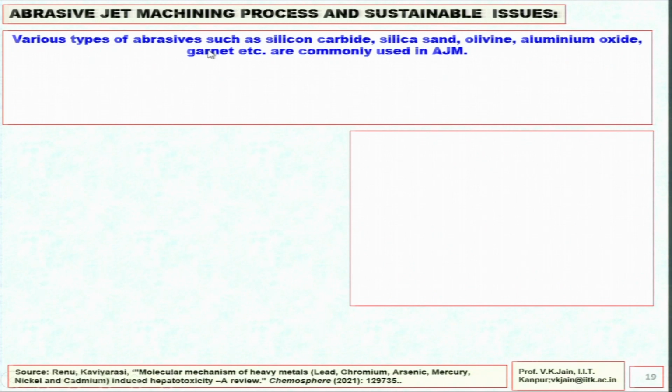Various types of abrasives such as silicon carbide, silica, sand, olivine, aluminum oxide, garnet, etc. are commonly used in AJM process, which is used for macro machining as well as micro machining. Since it is used for all these processes, I am not deliberately telling micromachining specifically.